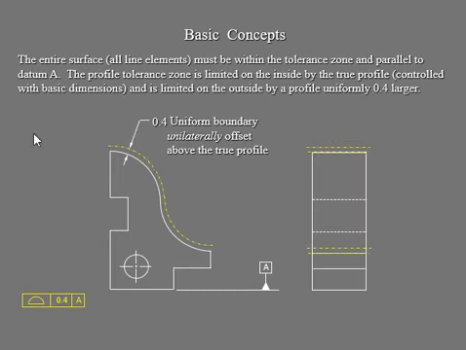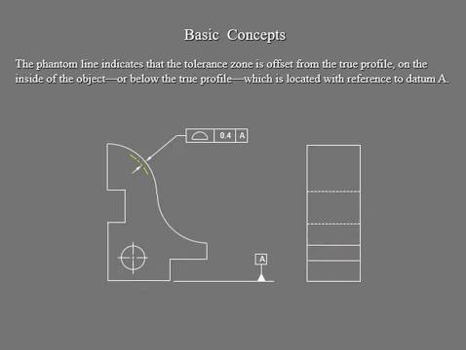The profile tolerance zone is again limited to one side of the true profile, controlled by your basic dimension. That's a uniform boundary unilaterally offset above the true profile, limited on the outside of the profile, in this case 0.4 larger than the true profile.